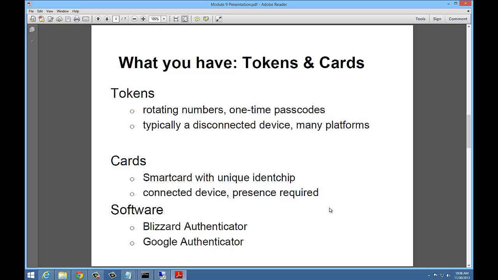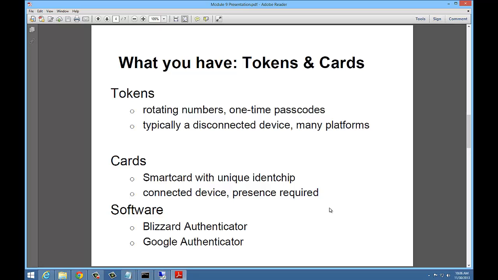There is a time piece to this where the server is synced to the same time as the cards, and these cards will put out the same seemingly random numbers at the same time that the server will, so they'll both be lined up. Then when you type in that number and that password, you get connected.